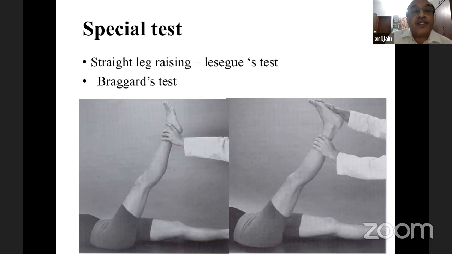That's the very basis of SLR, the straight leg raising test. Now, when you come down by 10 degree, you remove the irritation of that nerve, and then do a dorsiflexion of the ankle. The nerve is again terminally pulled or stretched by 1 to 2 millimeter, and that's how the pain is elicited.